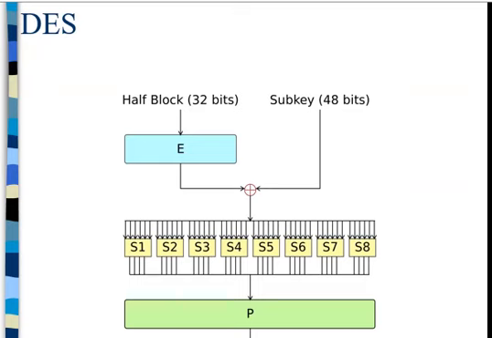Okay, first of all, our 48 bits is split into 8 parts, and each part consists of 6 bits. Then these 6 bits are converted into 4. The input is 6 bits and the output will be 4 bits.